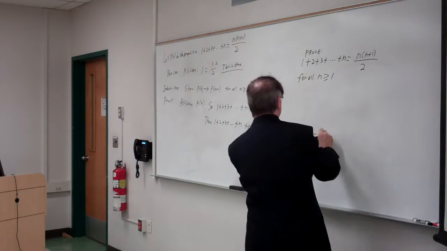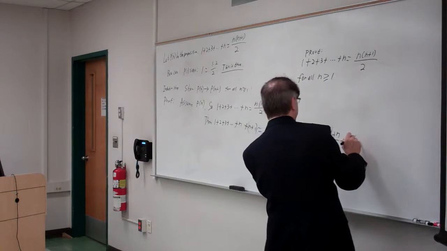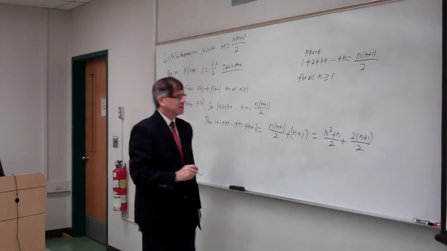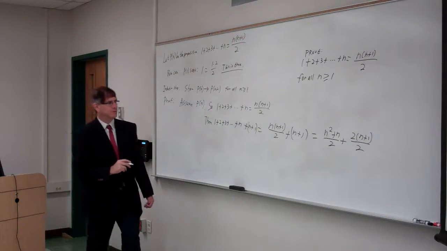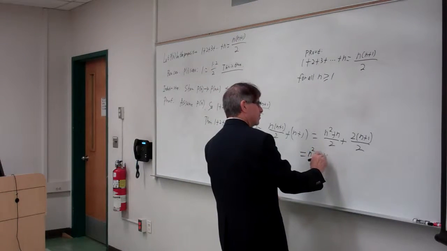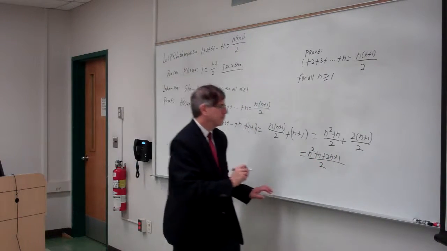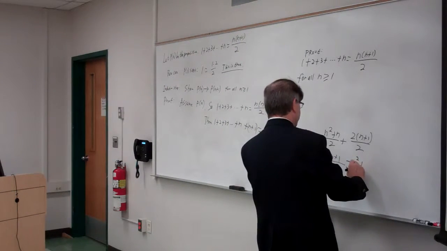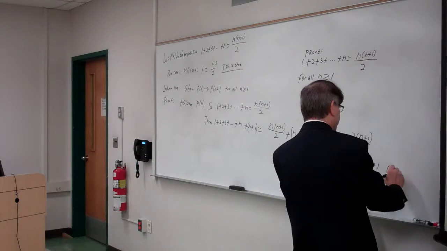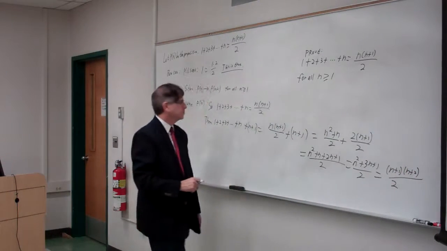So this is n squared plus n over 2 plus 2 times n plus 1 over 2. So I'm just finding a common denominator. Equals n squared plus n plus 2n plus 1 over 2 equals n squared plus 3n plus 2 over 2 equals n plus 1 times n plus 2 over 2.